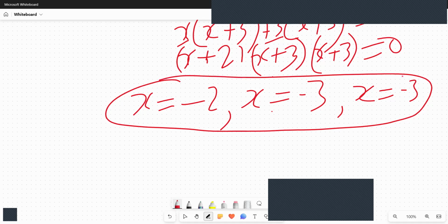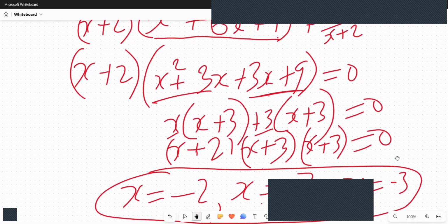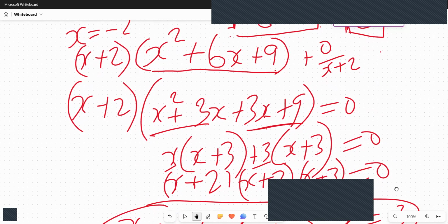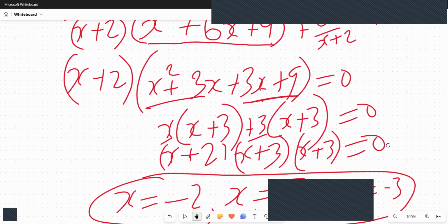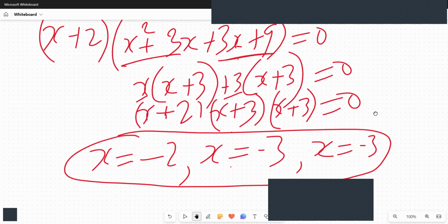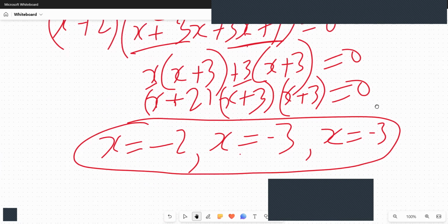To be able to solve this equation, you have to know how to do synthetic division, because this is no longer about synthetic division. They wanted you to solve a polynomial, and they gave you one solution, so you should be able to get the other solutions. It doesn't really matter if the other two solutions are imaginary.